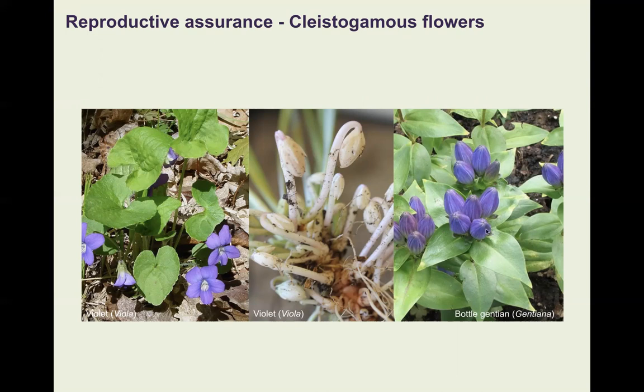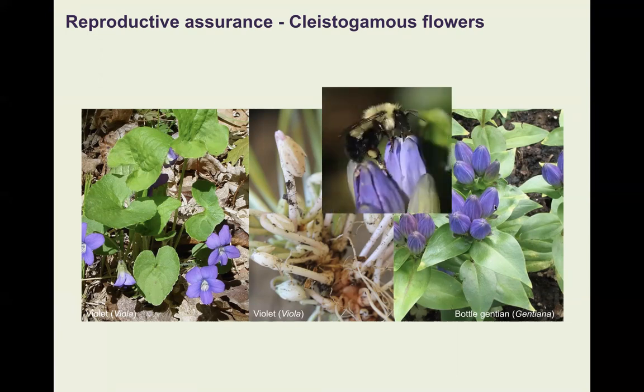Another example of closed up flowers is the bottle gentian. It's one of our gentians that at maturity, you see these purple flowers and they just aren't open. And it's a little misleading because there are pollinators that are able to open those. So this is a bumblebee here using its tough strength to break those petals apart.